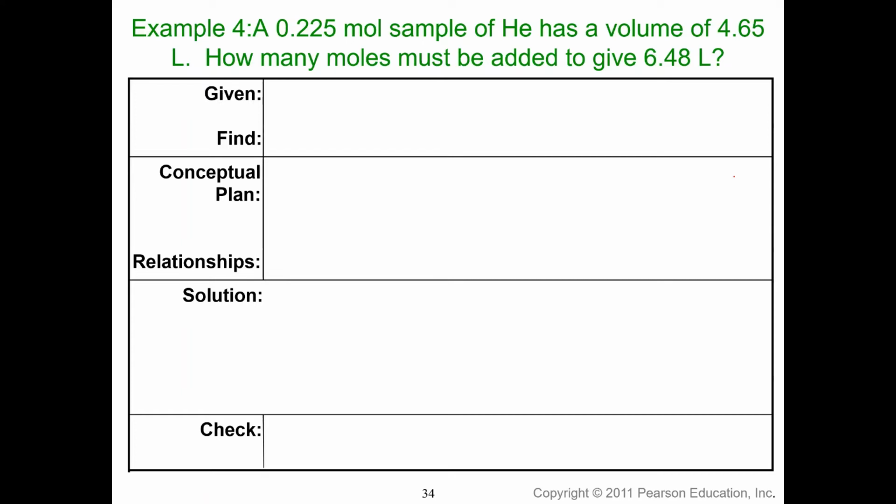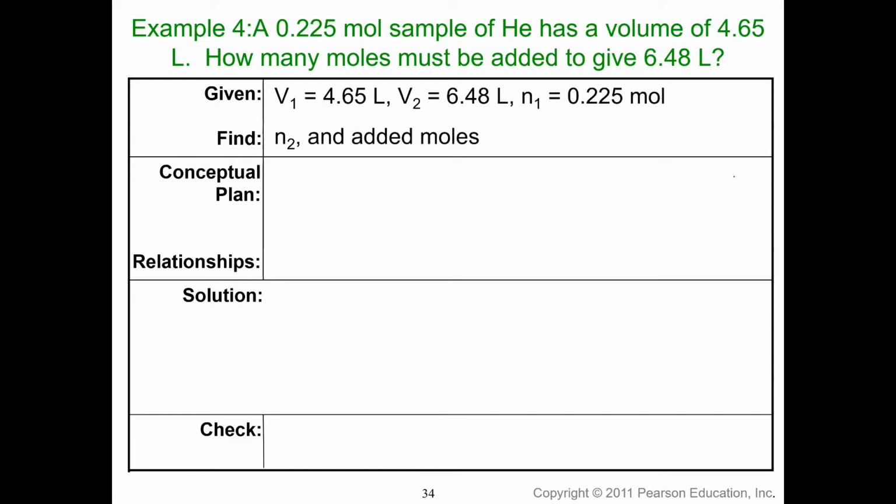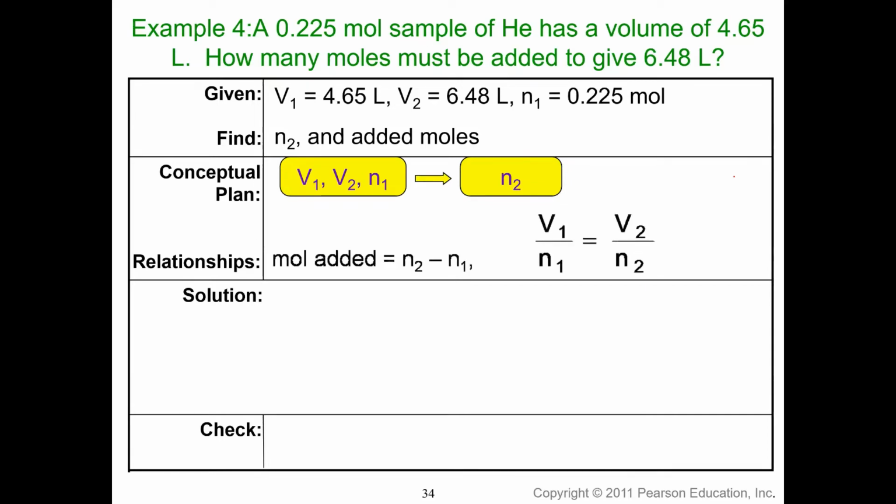Now here in this problem, it's going to ask you how many moles, right? So you're calculating N2 here, in this case. Now we gotta be careful with this problem, especially when you deal with multiple choice problems. When you read this problem, it says so many moles of a sample of helium has this volume. How many moles must be added to that volume?